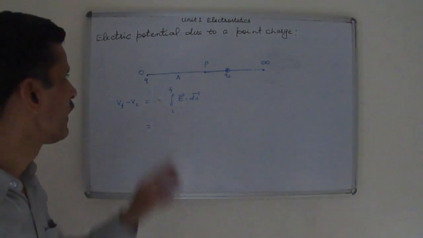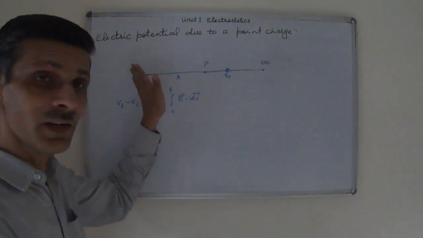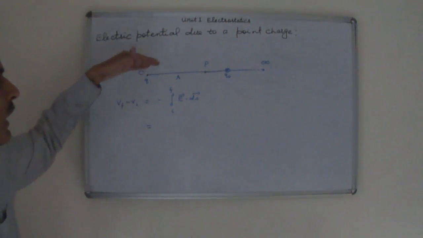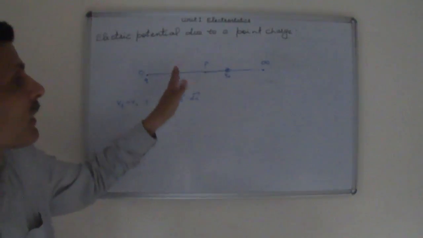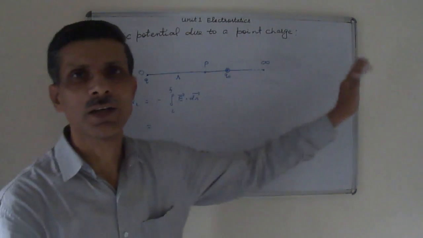And here, the electric field vector at this point P is directed radially outward, and we are taking this plus Q naught charge also along the radial direction.